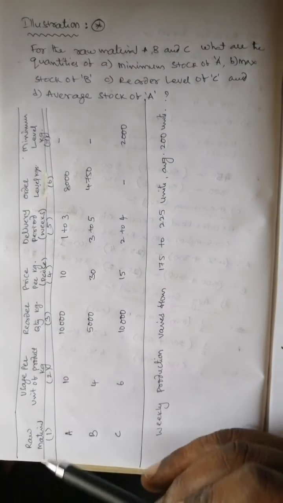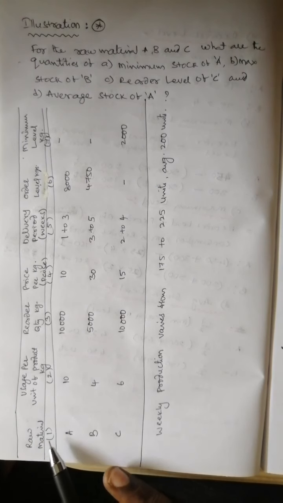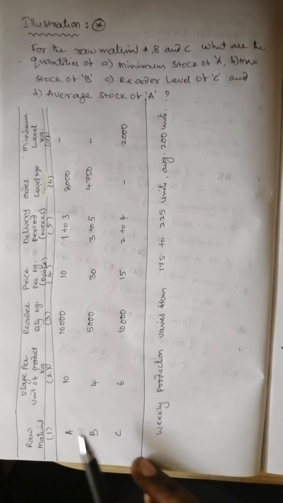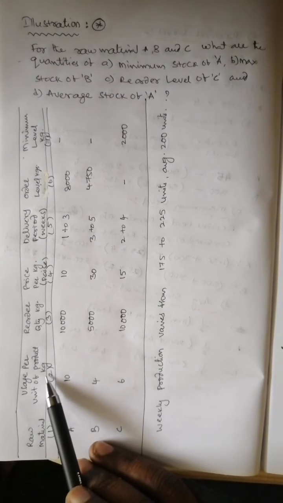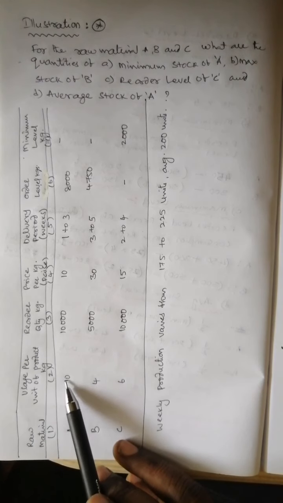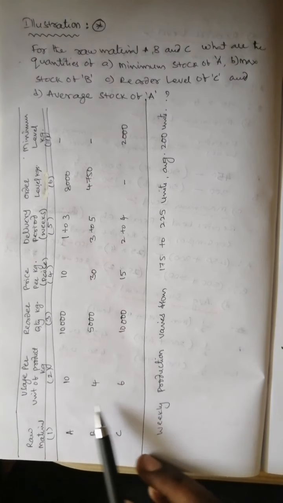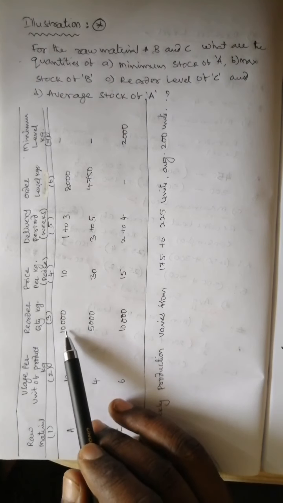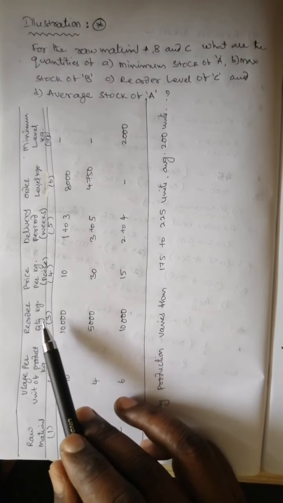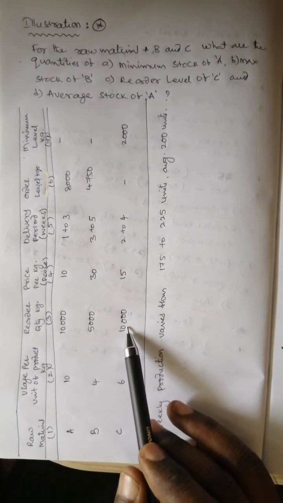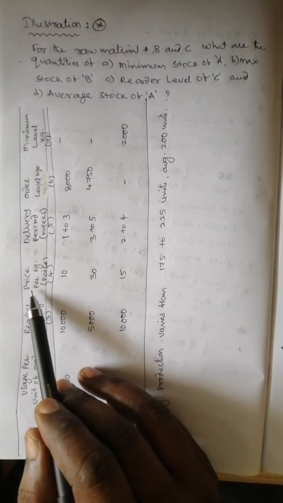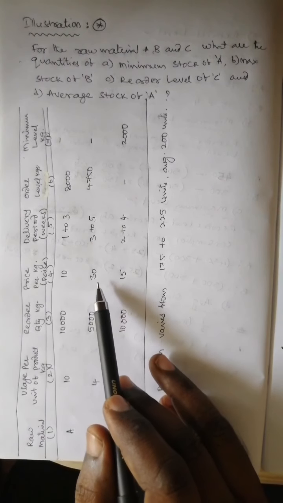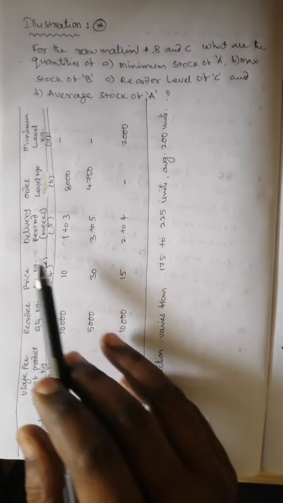Now here you can see information given in column 1, raw material type A, B, C, usage of product kg wise 10, 4 and 6 respectively, reorder quantity 10,000 kgs, 5,000 kgs and 10,000 kgs. Price per kg 10 paisa, 30 paisa and 15 paisa.